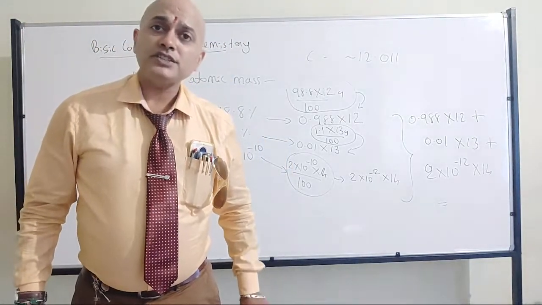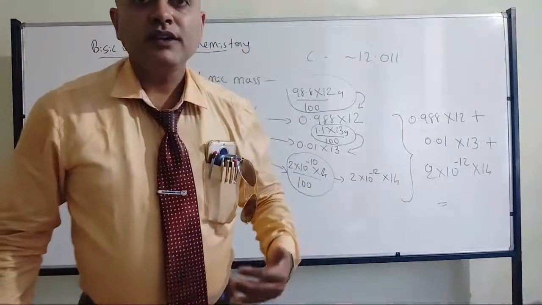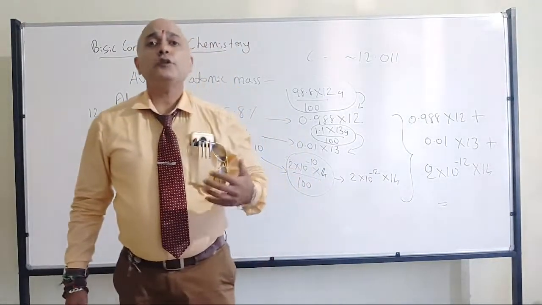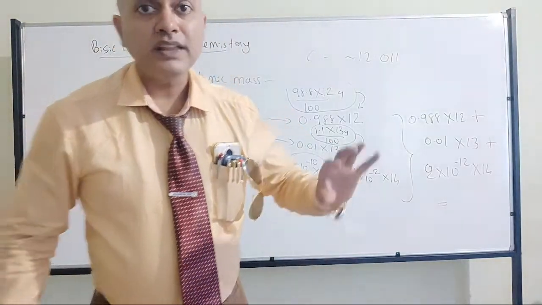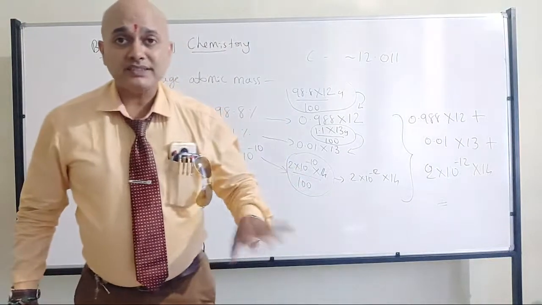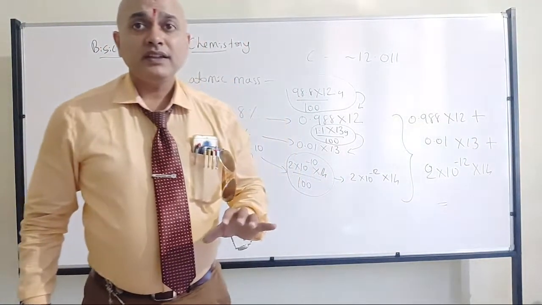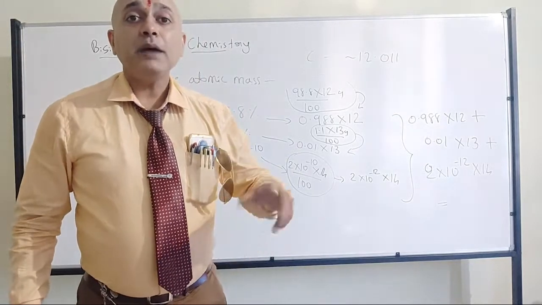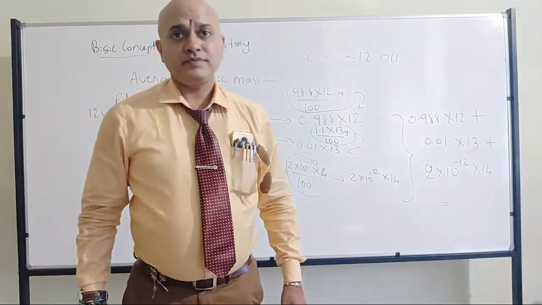All of you have understood? So in that case, now I can define what you mean by average atomic mass. No one has asked, but for your information, average atomic mass means it is the mass of the element considering their abundance in the nature with respect to their isotopes. Okay?